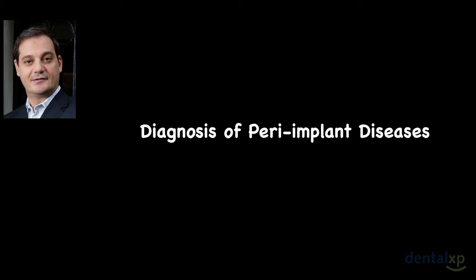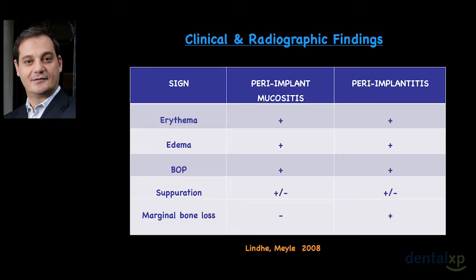The second point is the diagnosis of peri-implant diseases. And that is something that is, again, still up in the air. What do I mean by that? Because if you look at most of the studies, this is the most recent one, in 2008, you can see that when they looked at the signs and how they checked for peri-implantitis, they looked at erythema, edema, bleeding upon probing, suppuration, and marginal bone loss.